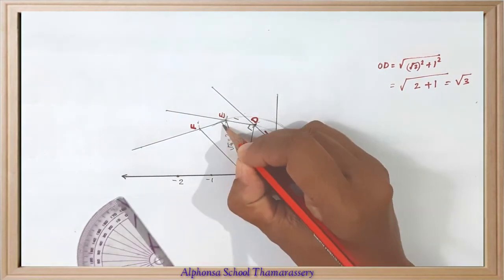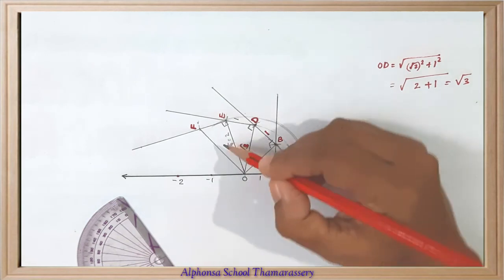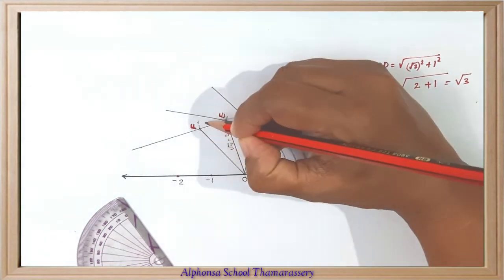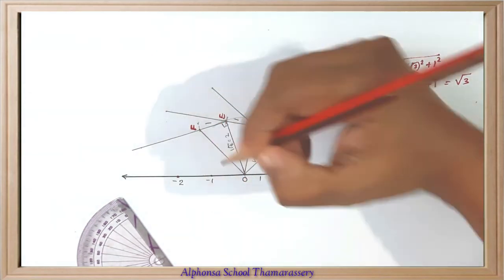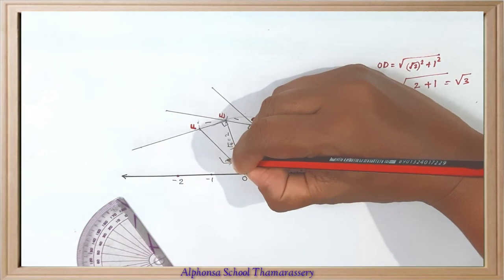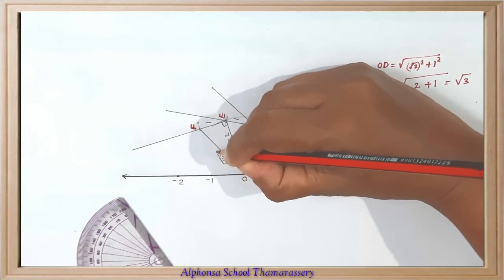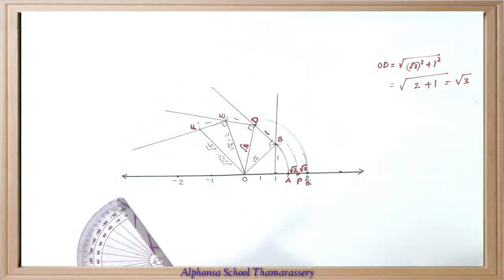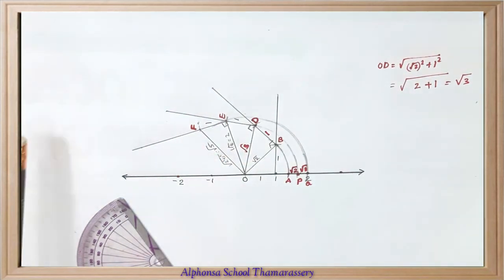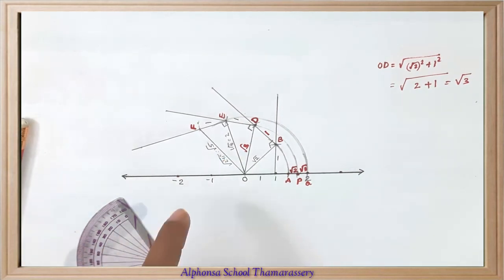This angle is equal to 90 degrees because it's perpendicular, and this length is 2 units and this length is 1 unit. So the length of OF is equal to square root of 2 square plus 1 square, which is equal to square root of 4 plus 1, that is root 5. OF is the hypotenuse, so hypotenuse square is equal to base square plus altitude square. So OF is equal to root 5.